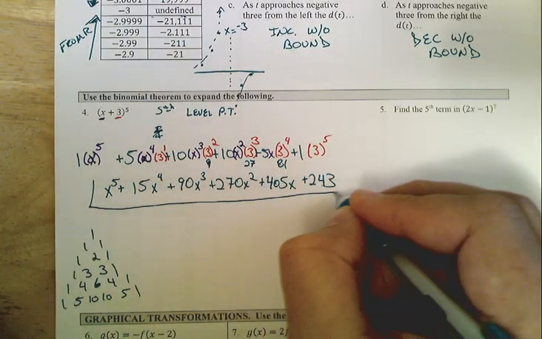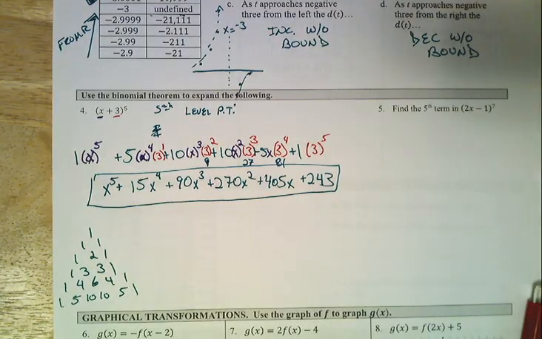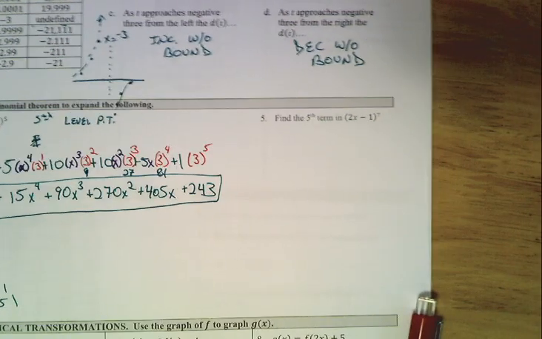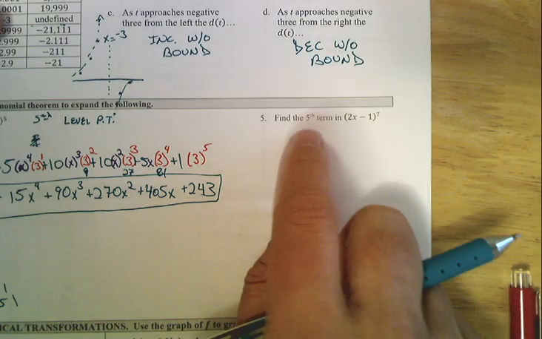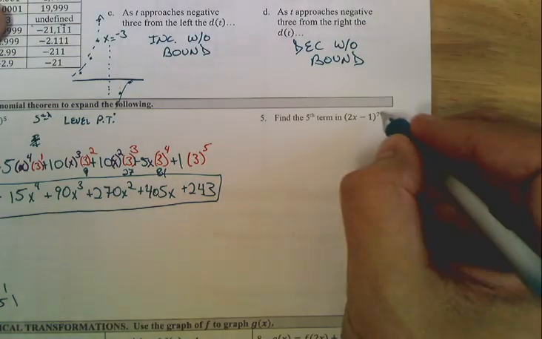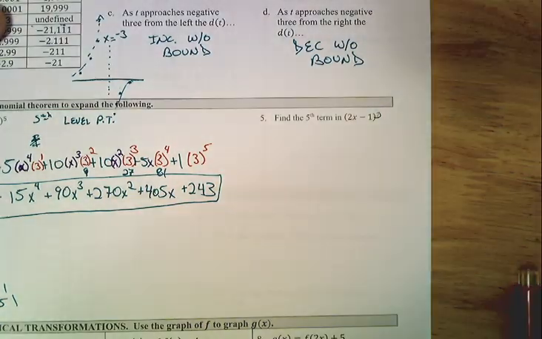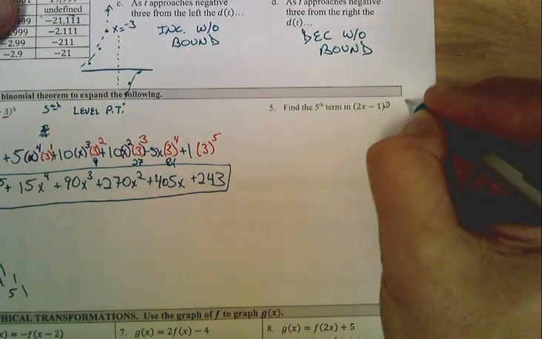And there is the expansion. Now this one asks us just to find the 5th term of this polynomial. And this is to the 7th. So we need the 7th row of Pascal's triangle.